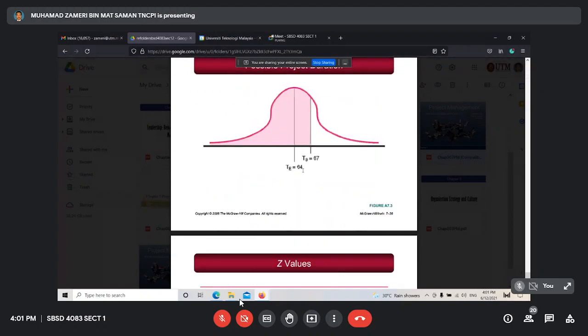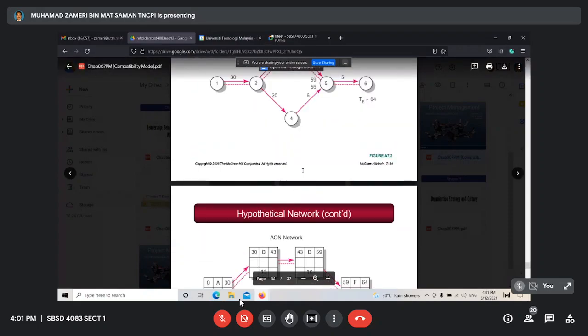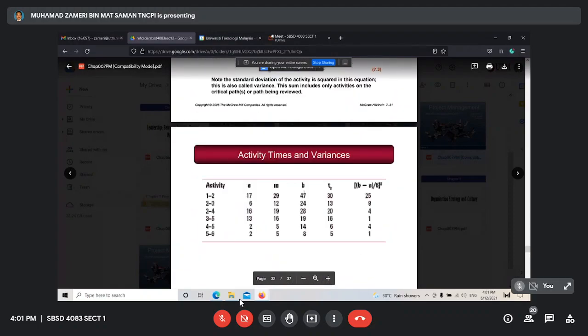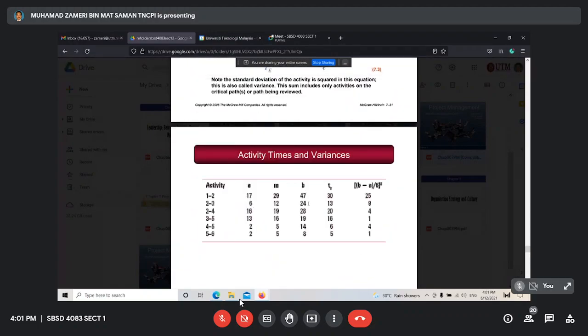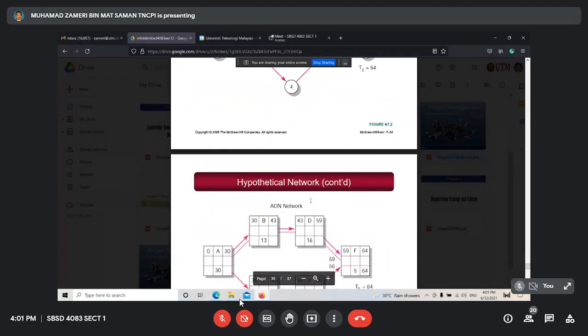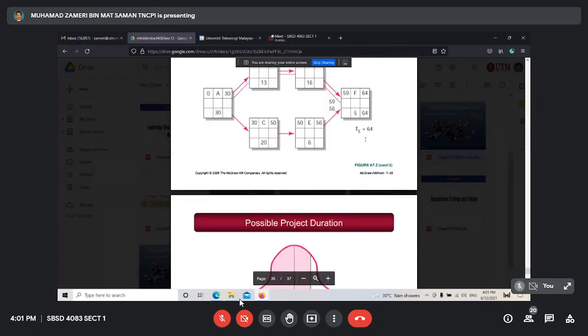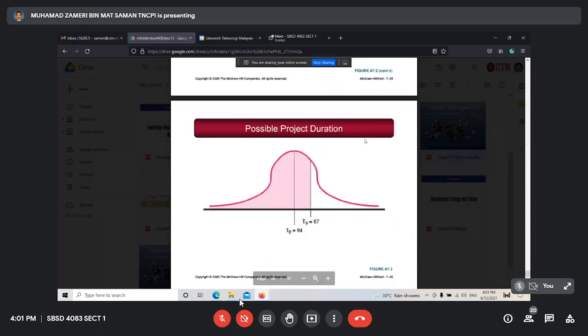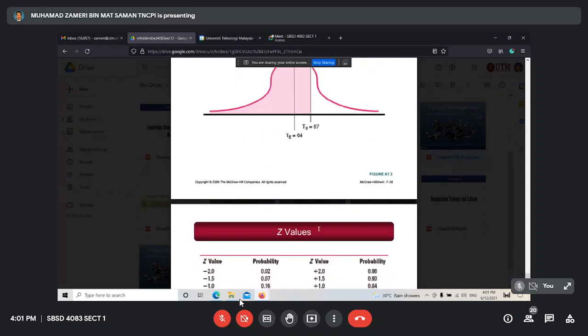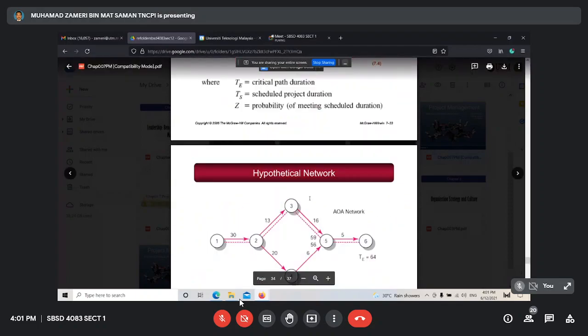But in the range, if you see the data here, between 17 to 47, between 6 to 24, that means the 64 you get here, TE, is originally supposed to have a range. So the question is, how many percent can this project be finished in 67 days? You calculate the Z value here.